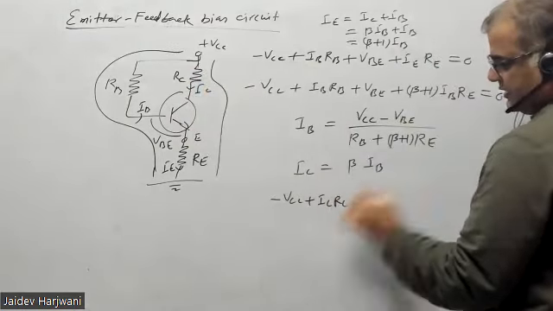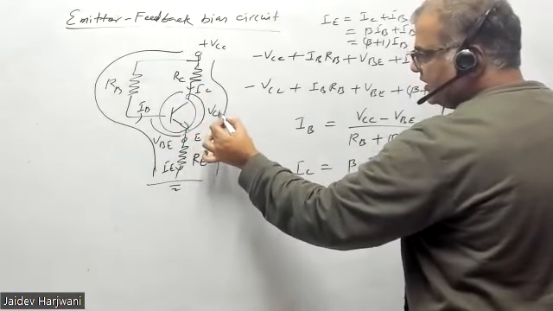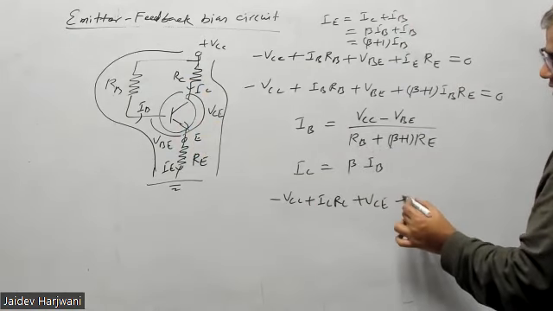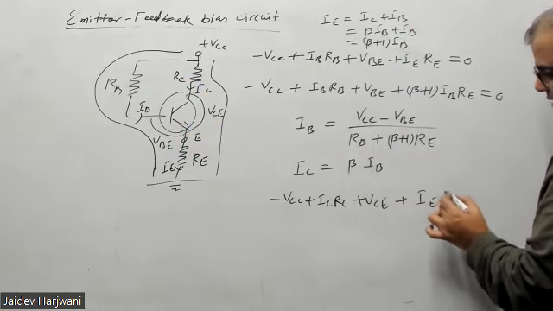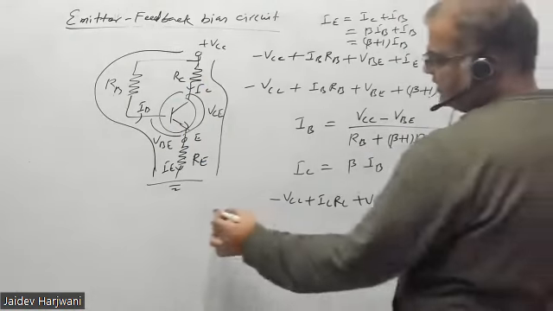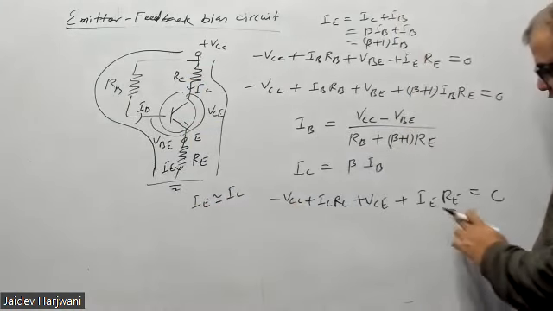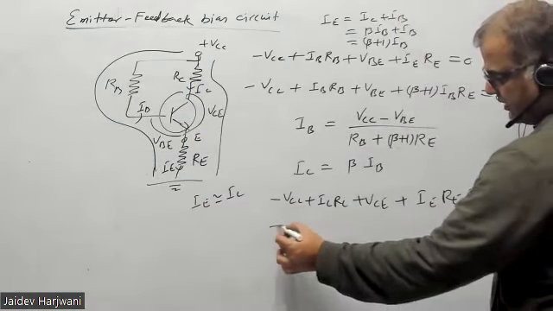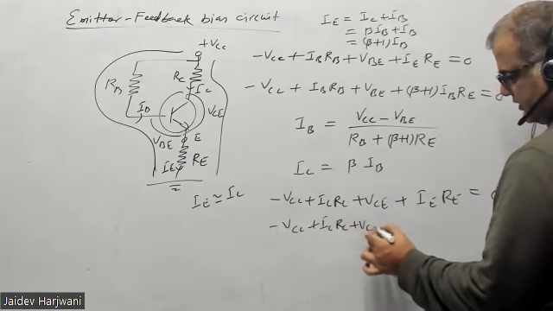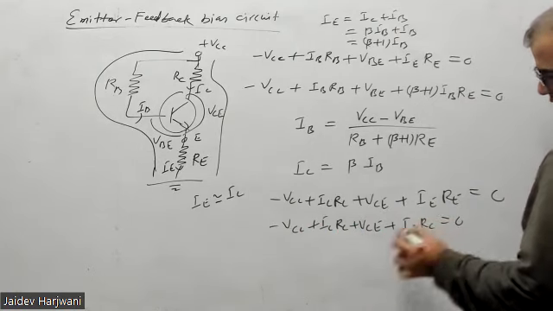So IC RC, then you have this voltage drop VCE, and then IE RE equals 0. Because here IE is almost equal to IC, you can keep IC, so this will be minus VCC plus IC RC plus VCE plus IC RE equals 0.